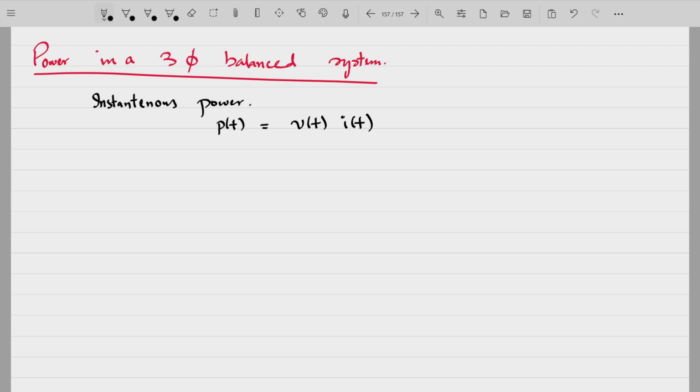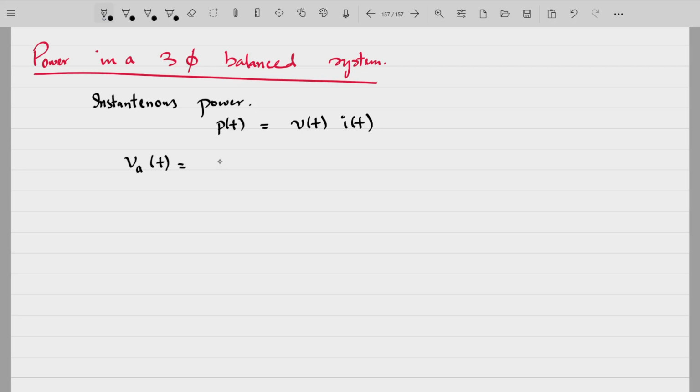Now we actually have three different voltages and three different currents in a three-phase system. We have defined Va as Vp angle 0 degrees. Since we are talking about instantaneous power, we have to represent it in the time domain.